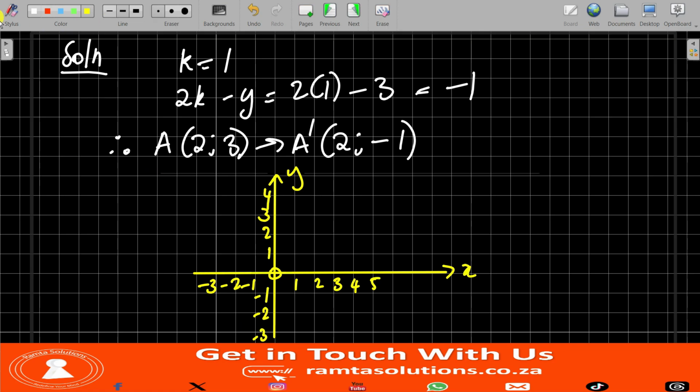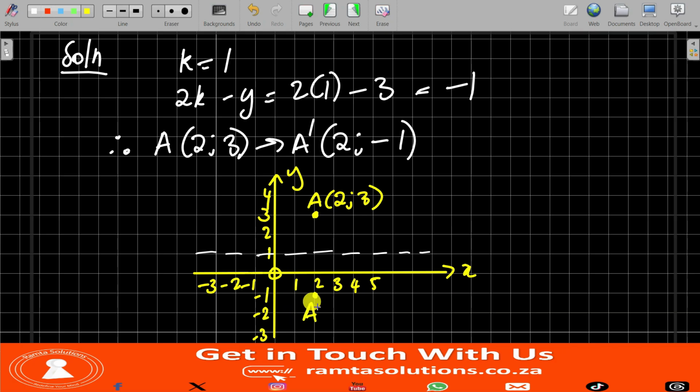Now, let's start. Our point has x value 2, y value 3. Our reflecting line is y equals 1. The distance between point A and the reflecting line is 2 units, and the distance between the reflecting line and the image must also be 2 units.